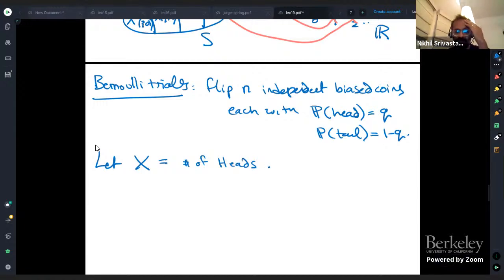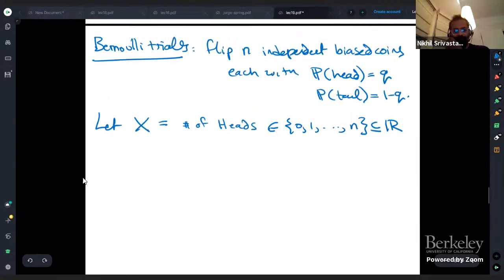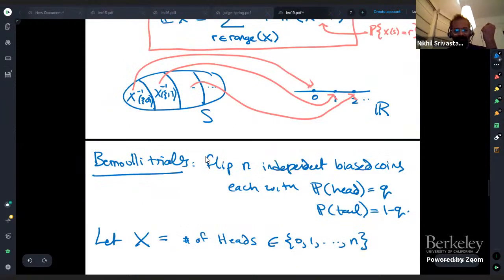It takes values between 0 and n, which is valid for our definition, because that's a subset of the real numbers. So now in this situation, we would be kind of in trouble. It would be annoying to use the first definition, because how many points are there in the sample space?